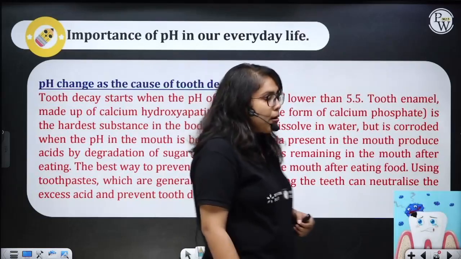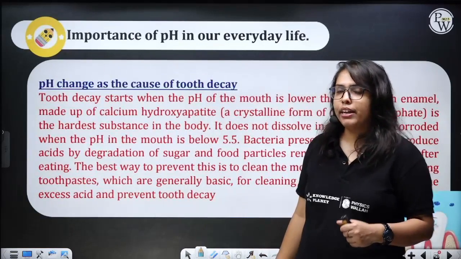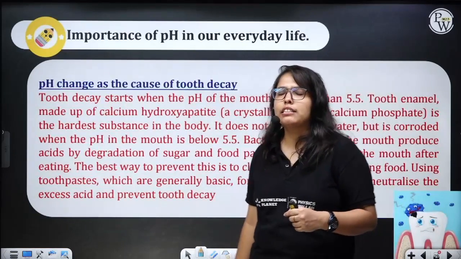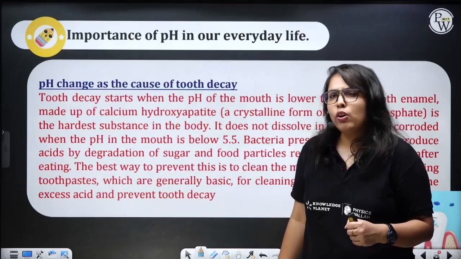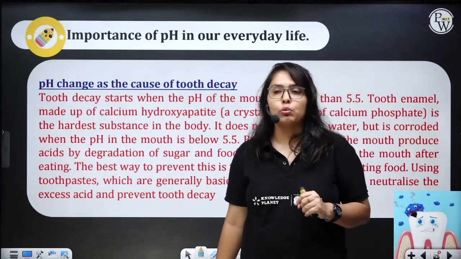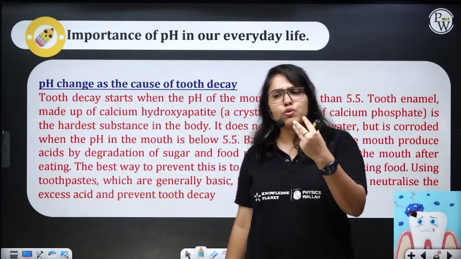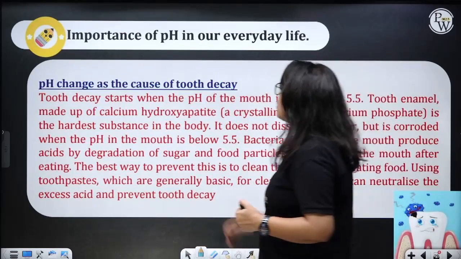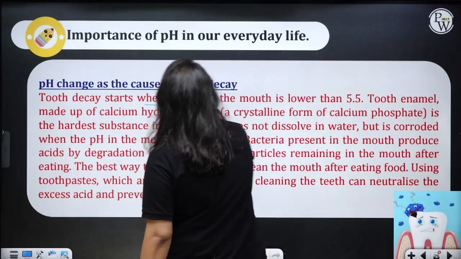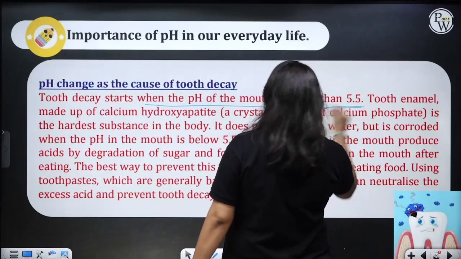Then talking about tooth decay, very common. We all like to have our sweets, chocolates, do we not? But not everybody brushes their teeth at night and sleeps. Now what happens because of this? When you have a lot of sweet content, the tooth decay starts and the pH of the mouth is lower than 5.5.